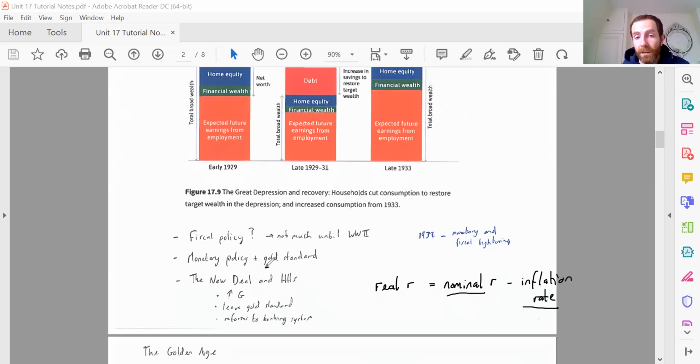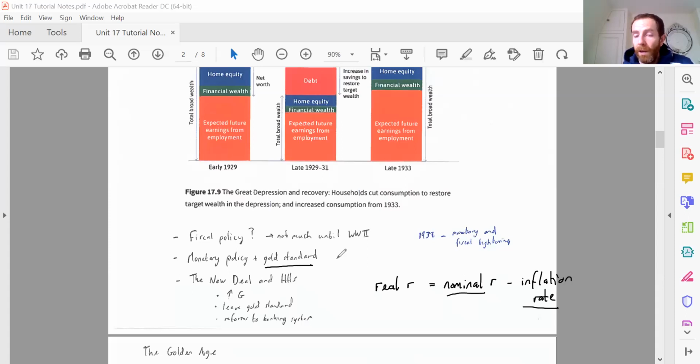Now, the gold standard, that was another problem. What the gold standard meant was that the US was committed to exchanging a certain number of dollars for 1 ounce of gold. It's roughly about $20, $21. So why is this problematic? Well, the US were keen not to see their gold reserves fall.